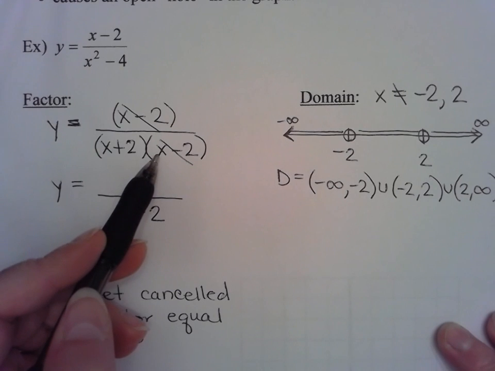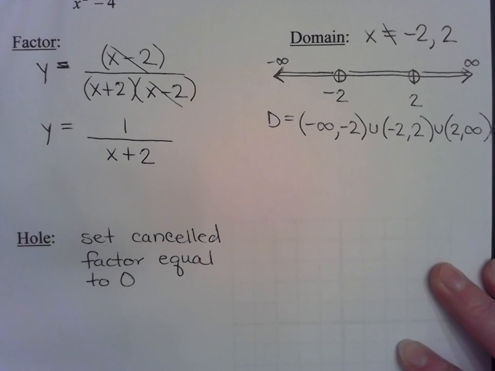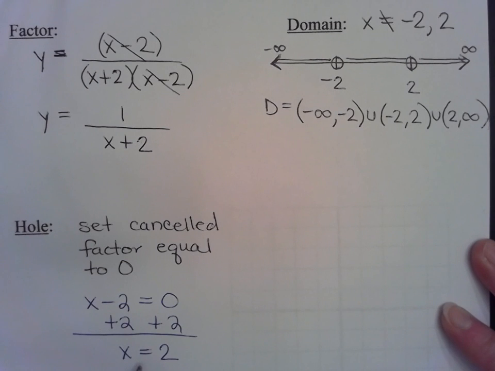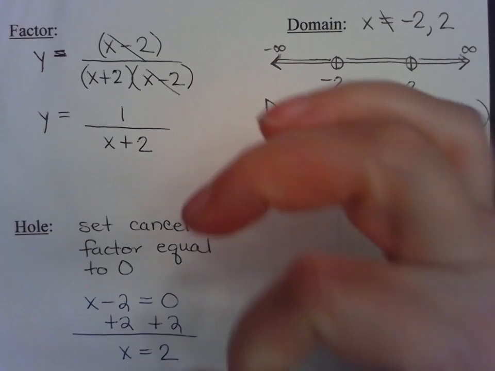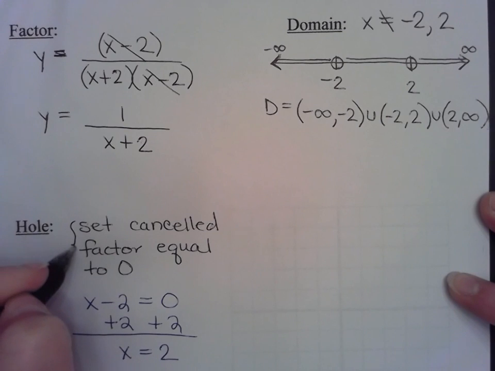We canceled out x minus 2, so I'm going to set that equal to 0. Add my 2 over. So x equals 2 is the x value of my hole. Now this is a missing point, so I'm going to draw it in as a little open circle on my graph. It's a two-dimensional graph, so I need an x value and a y value. This is how we find the x value.